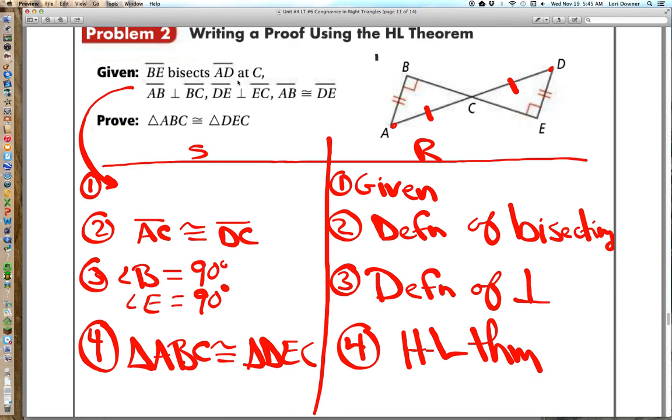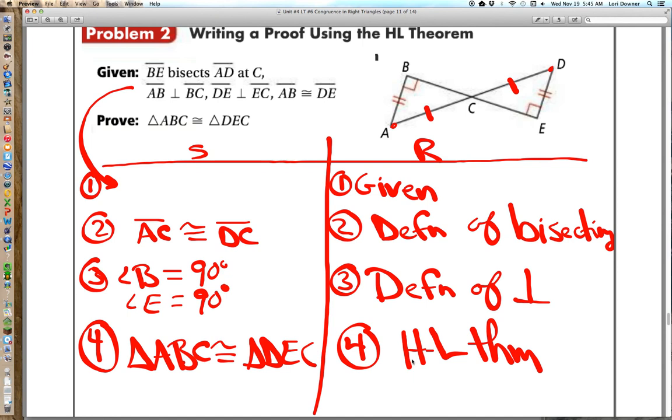We want to state that because these are perpendicular here and here, that tells me they're going to hit at a right angle. So you can either say angle B and angle E are right angles, or you can say that they are 90 degrees by definition of perpendicular. That's what this symbol means, perpendicular. Then the two triangles will be congruent by the HL theorem.